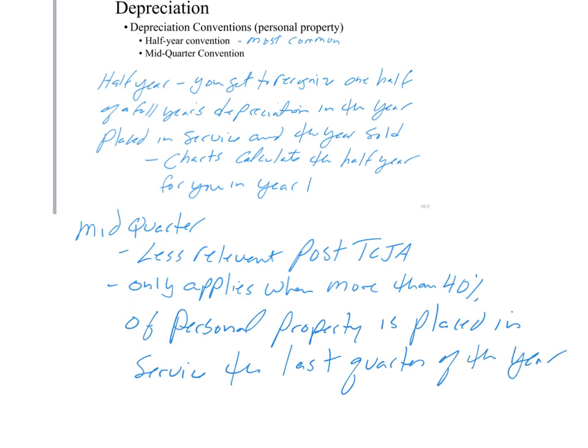So if you buy and place in service more than 40% of personal property for that year in the last quarter, so October, November, December, then you have to use the mid-quarter convention. All right?